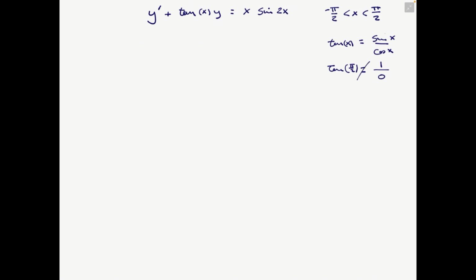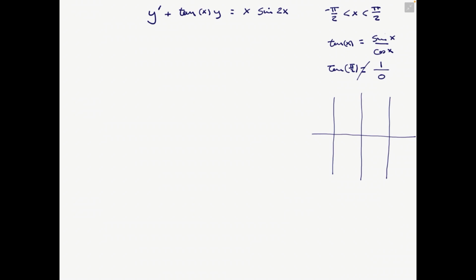And you can't have division by 0, so you're bounded asymptotically by pi on 2.